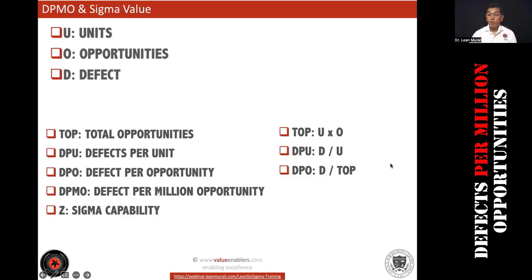And defects per opportunity: if every car has 3 opportunities, and there are 9 cars, 9 threes are 27 opportunities, and 5 defects, so 5 divided by 27. We'll see some examples so that you are very clear. And then defects per opportunity into 10 power 6. When you convert it into a million, it is defects per million opportunities.